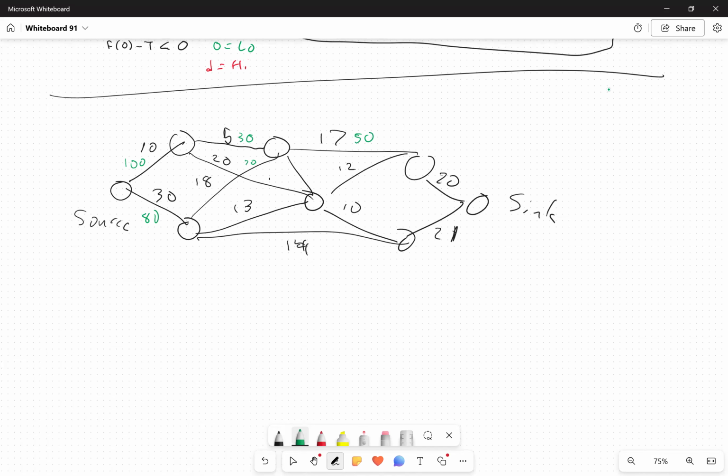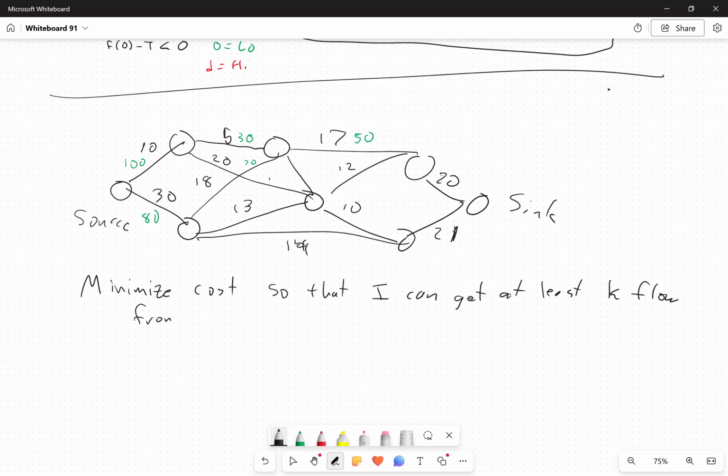So you say, I want to minimize the cost. I'm kind of making this one up as I go. But actually, I want to minimize the cost so that I can get at least some amount of flow, K flow, from the source to the sink. And again, don't worry about how flow is calculated.